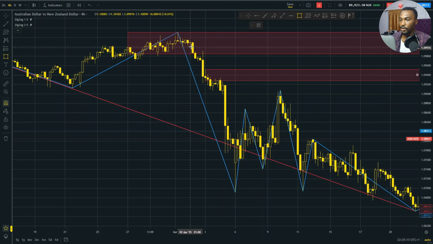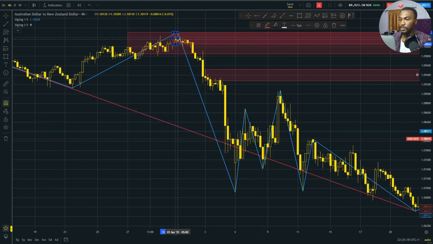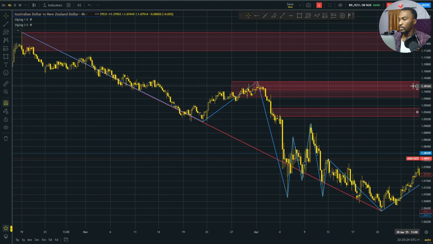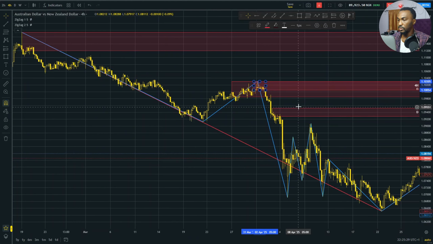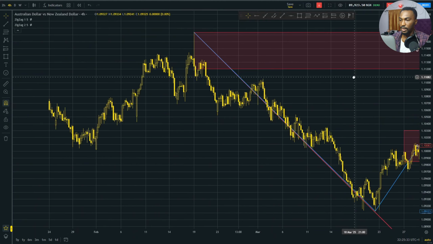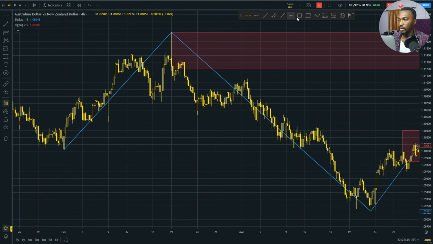Over here, we have all of these candles sitting right here. So I'm only focusing on high quality zones. This is where I have confluence, those are my high quality zones. And then we have another confluence right here.